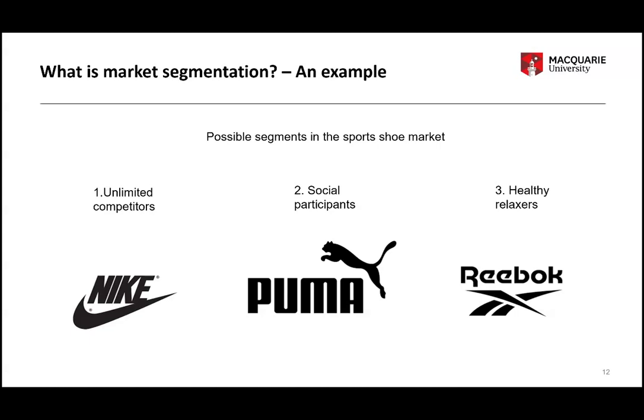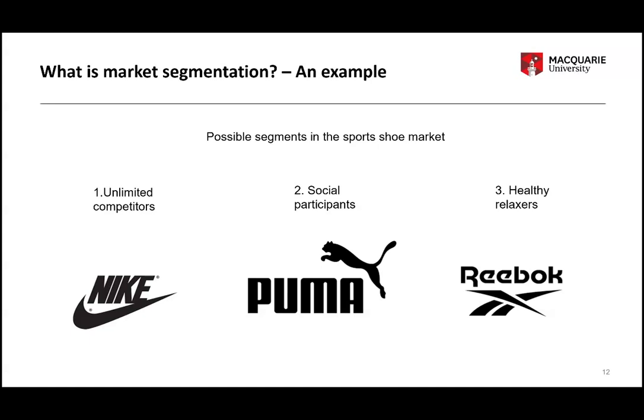The second group could be the social participants in sport. They're not into trophies and oranges at half time. These are people that are more interested in the social participation of sport.